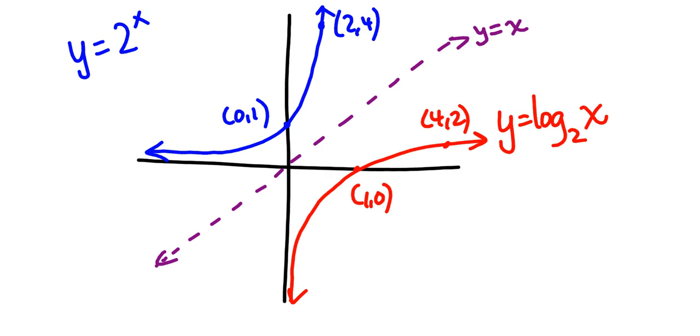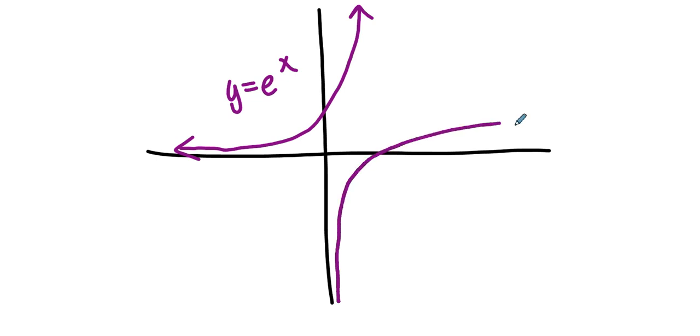So there's only one other thing to talk about. There's this function that we talked about in our last lesson, y equals e to the x. So it has to have a logarithmic inverse that's a reflection over the y equals x line.